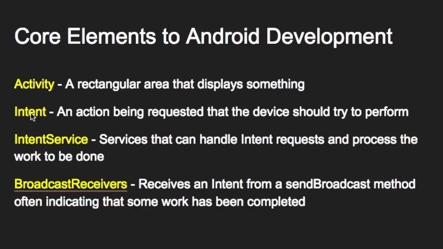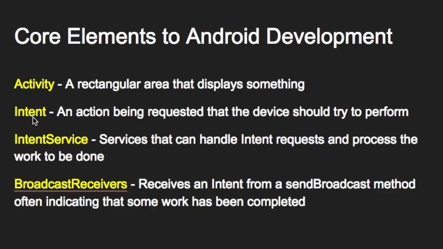An intent is going to be like a translator, translating that sign language, so to speak, into something that we want the Android device to perform. So think of it as a translator or a mediator that is going to say, here's what we want to have done. What is out there on the device that could do it for us?